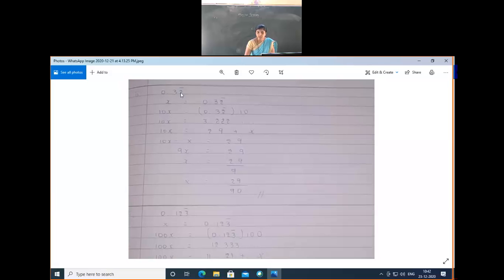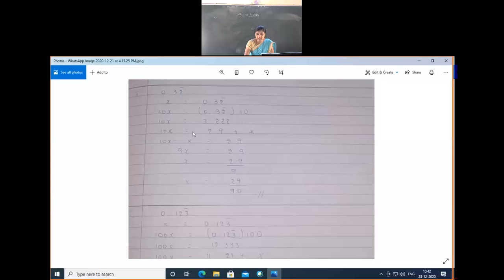In the repeating block only one digit is there, so I'll multiply by 10. 10x is equal to 10 into 0.32 bar. The decimal point moves one place, so 10x is equal to 3.2222 and so on up to infinity.